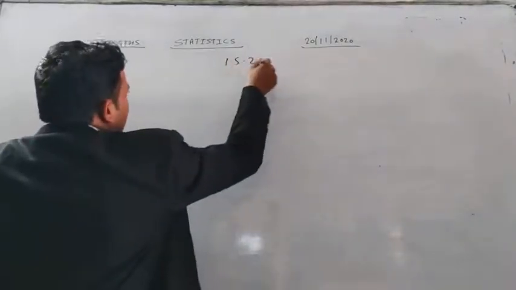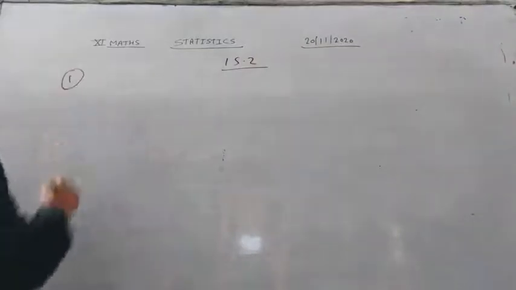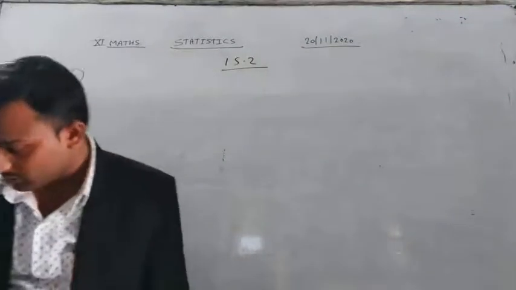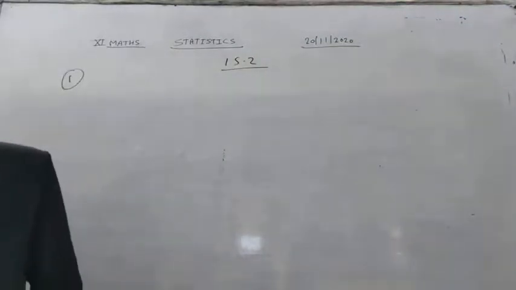Exercise 15.2, first question. First question is find the mean and variance for the following data.